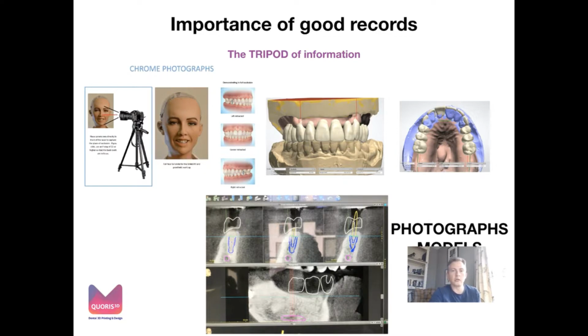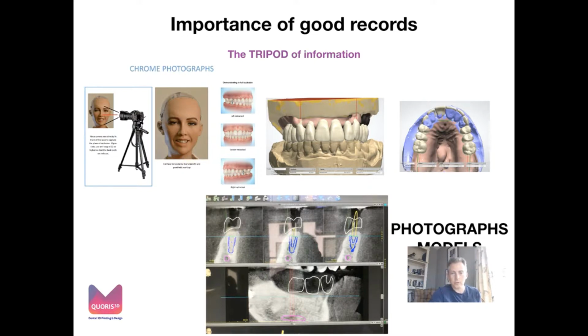Without all those three being of a high quality, we will not be able to produce for you and your patient the quality of work that you want. And the cases will not go through the process. They will be simply stopped, and you will be asked to repeat some of that initial record taking, so that we can ensure that the quality is there, because what we put in is what we're going to get out.